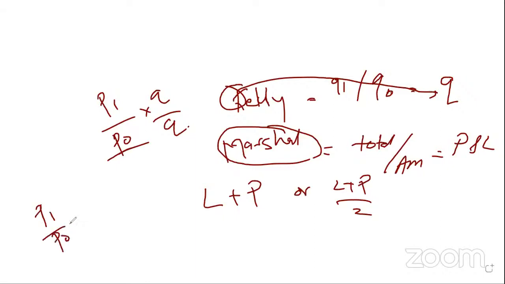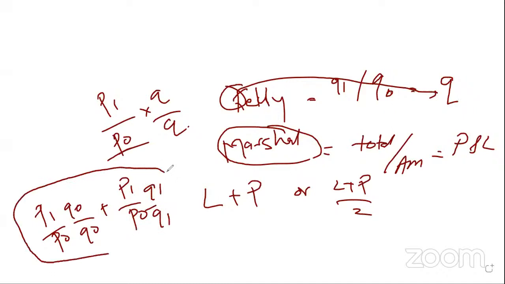P1 by P0, Q0 by Q0 plus P1 by P0, Q1 by Q1. This is your Marshall. Or if you take the whole divided by 2, it can be Marshall. Again, the first one was the total, now this became our average. So this is your Marshall index number. Any doubts?